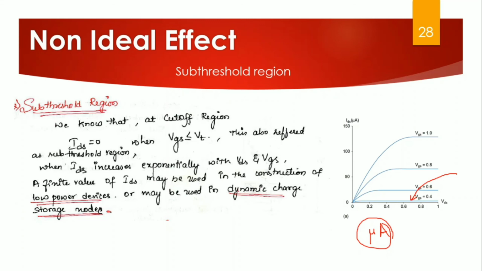This amount of current is used for low power devices. When IDS is equal to 0 and VGS is less than or equal to VT, this is referred to as the subthreshold region. As IDS increases exponentially with VGS and VDS, the finite value of IDS may be used for the construction of low power devices. It is also used in dynamic charge storage nodes.